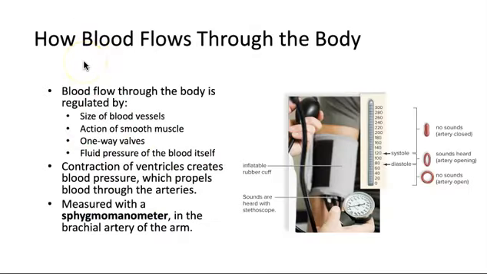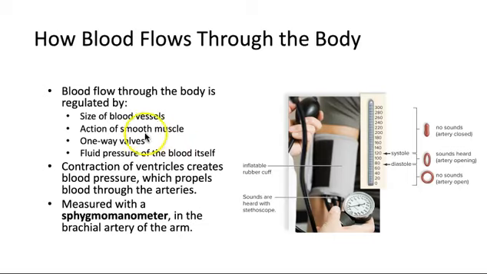Now let's talk about how blood flows through the body. So we know that we have a couple factors that will help to regulate it. The size of our blood vessels, we've talked about vasoconstriction and vasodilation, and that is going to be changed using our smooth muscle within our vessels.